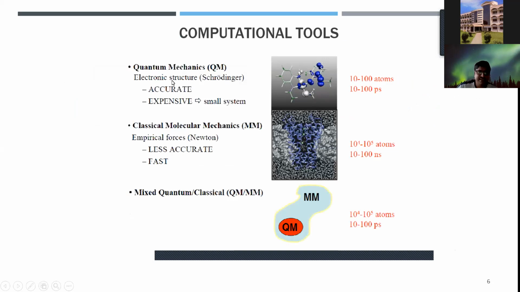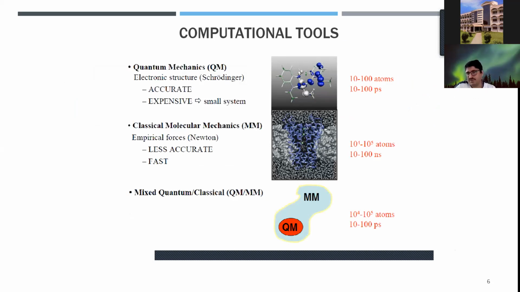So in quantum mechanics, electronic structure is a basic thing, and it is expressed in terms of the Schrodinger equation. The quantum mechanics models are quite accurate, but are also expensive. Expensive in terms of computational time, so it takes a lot of computational time.